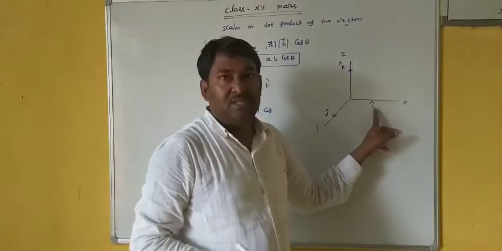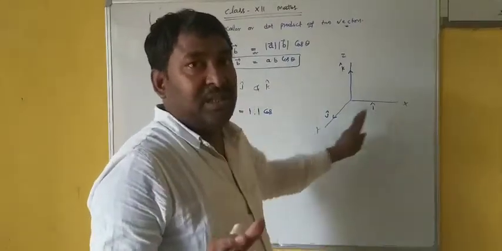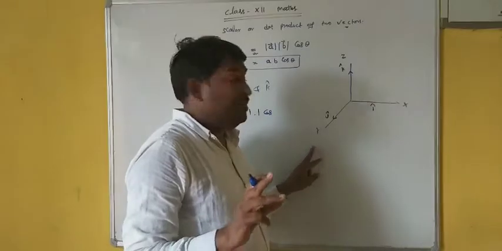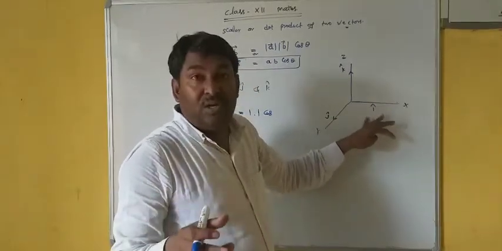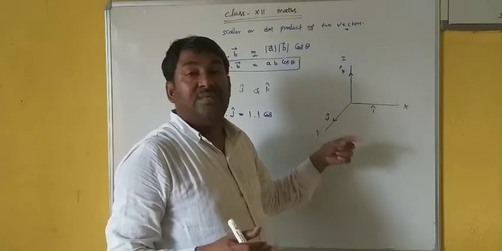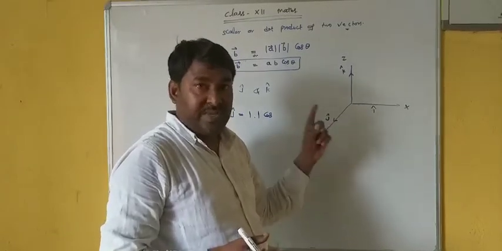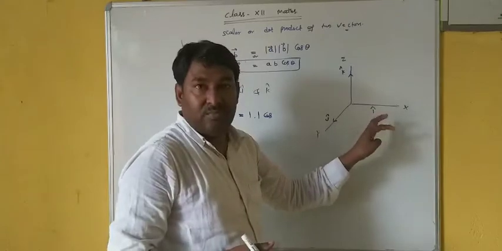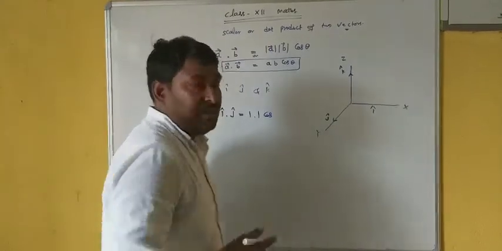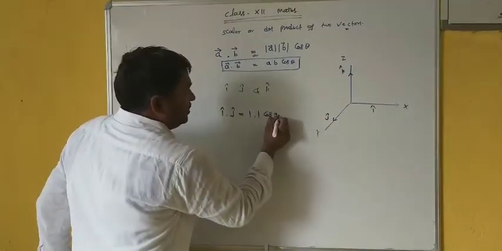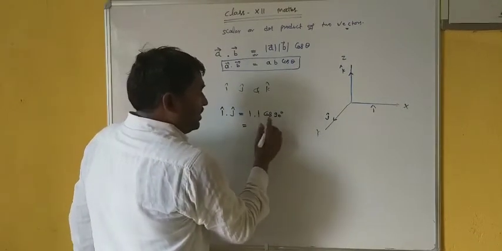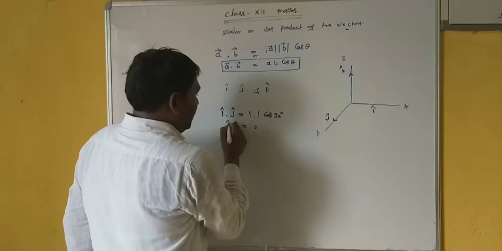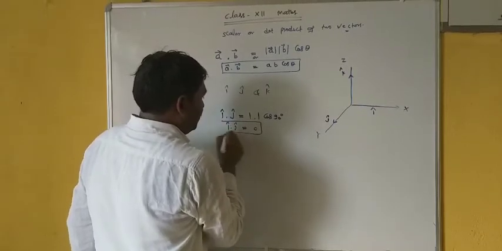Since x and y are mutually perpendicular, i and j will also be mutually perpendicular. It means the angle between them will be 90 degrees. Cos 90 is 0. So i cap dot j cap will give you 0.